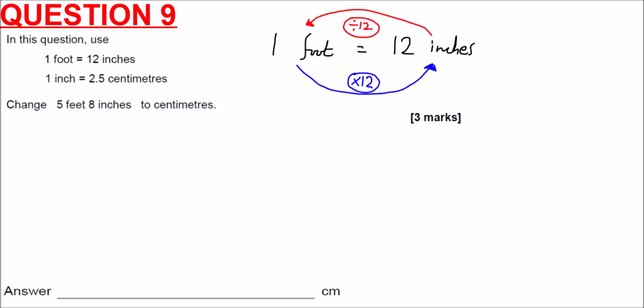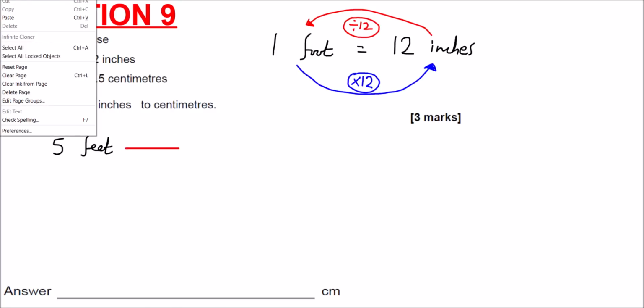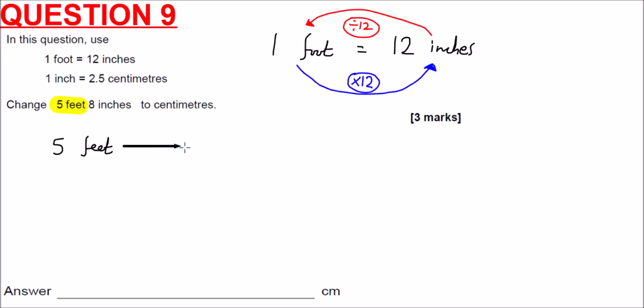And so first of all, what we could do is change 5 feet into inches. So 5 feet, oops, I'll do an arrow instead of that red line.